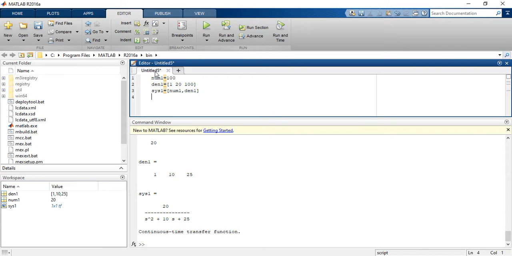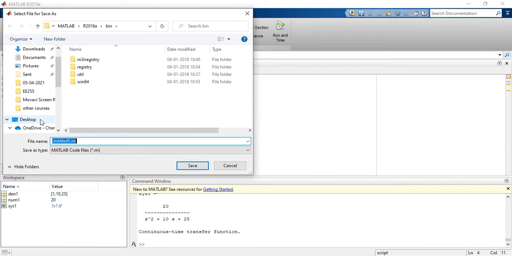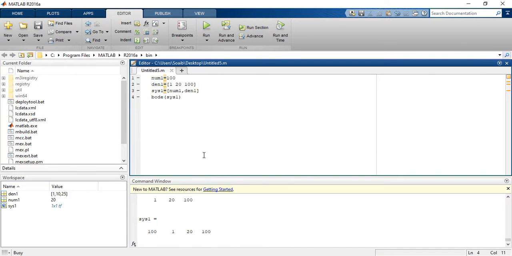Then I have to plot the Bode plot. The command for plotting the Bode plot is bode of system1. If I run it, first I will save it. It is giving some error, let me check.